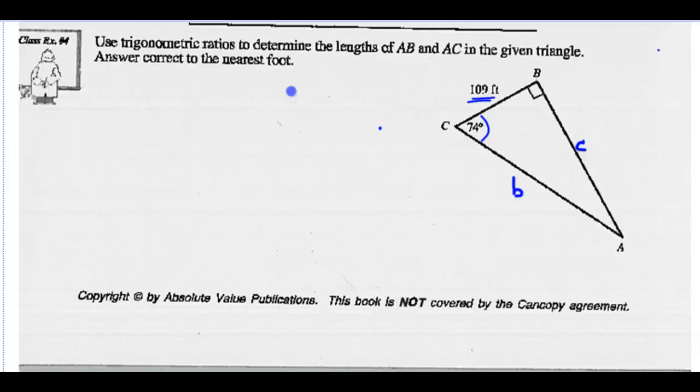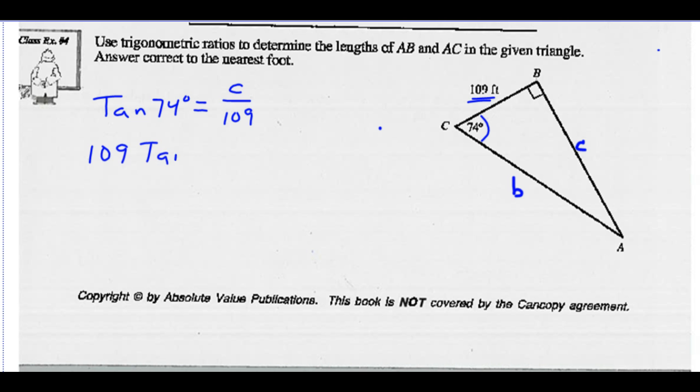So if I want to find little c, which happens to be the opposite side, what trig ratio uses opposite and adjacent? So hopefully you said tangent. So the tangent of our reference angle, 74 degrees, should equal opposite c over adjacent 109. So to solve that, we would multiply both sides by 109.